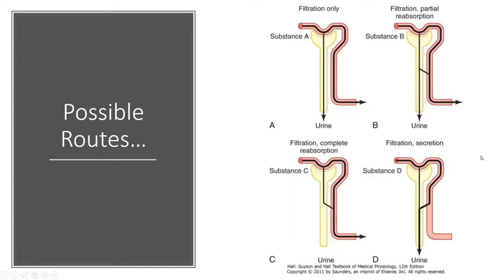This divides up into, so most substances will do one of these things. We've talked about this particular scenario where it will get filtered and then get excreted, and creatinine is one of them, and that's a substance found as a waste product, and inulin is a non-physiological substance that you inject intravenously.